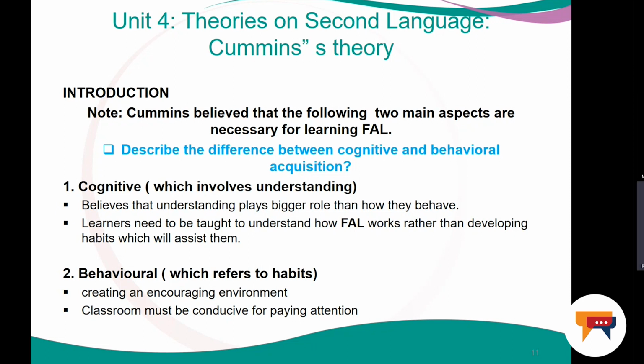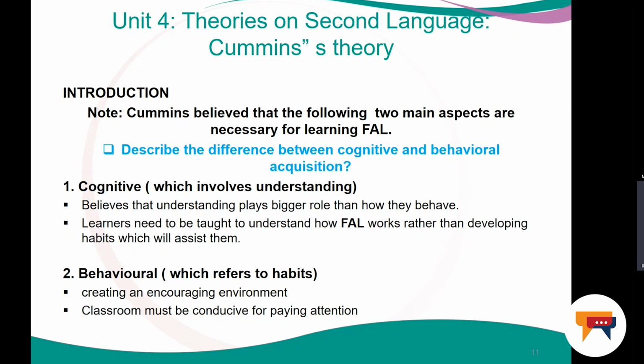Cognitive believes that understanding plays a bigger role. Learners need to be taught to understand FAL and how FAL works, rather than developing habits. Acquisition means to acquire the language.